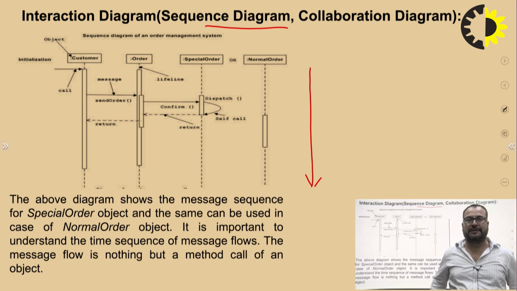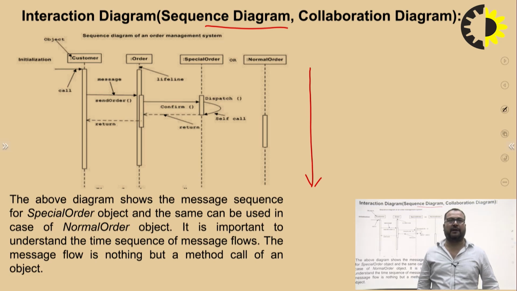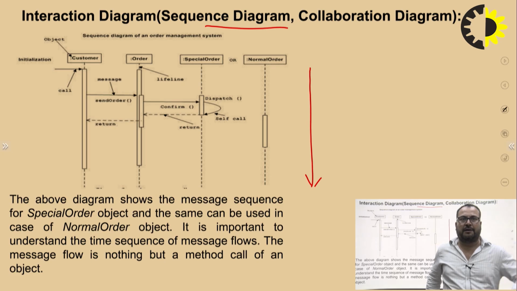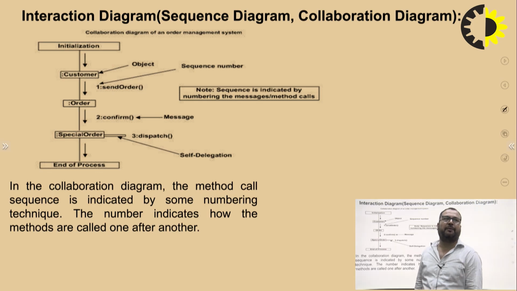Say initialization is 1, then the next steps are numbered second, third, and so on. This comes under the collaboration diagram. So that is the main difference between sequence and collaboration diagrams.